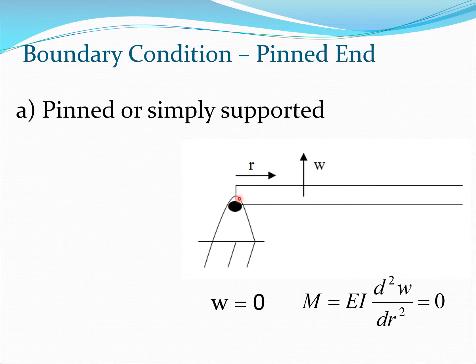And also because there is a hinge, there is going to be no moment. So the moment is going to be 0, which essentially would mean that the second derivative of displacement is going to be 0 at this particular point. So these are the two boundary conditions corresponding to the pinned or simply supported end.